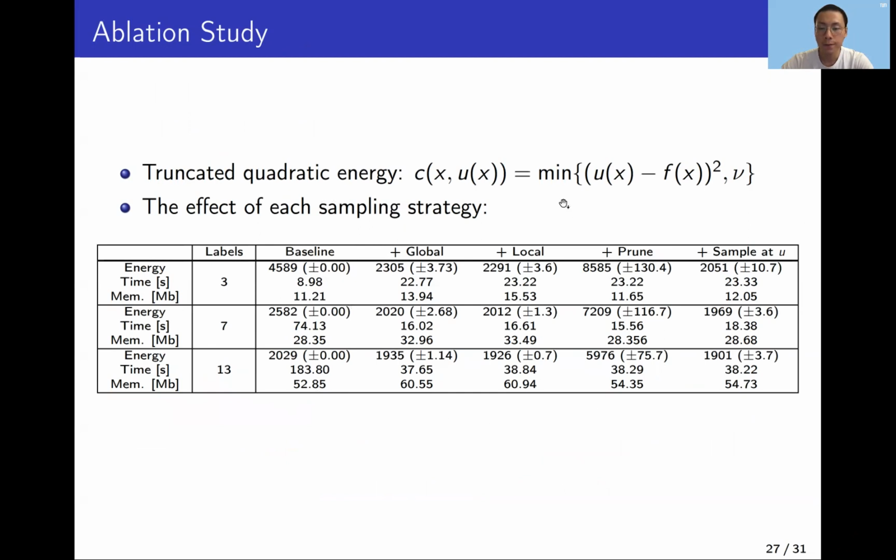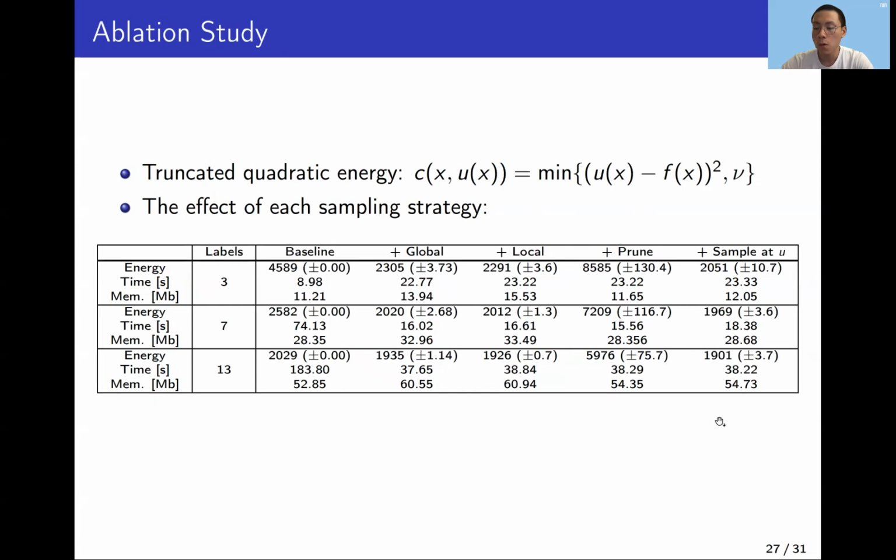As you can see from these 2 columns, when we include the global sampling and the local sampling, we can achieve lower energy, but the memory space is increasing. So we add this pruning strategy based on these two. Even though the memory space now is lower, the energy becomes unstable.